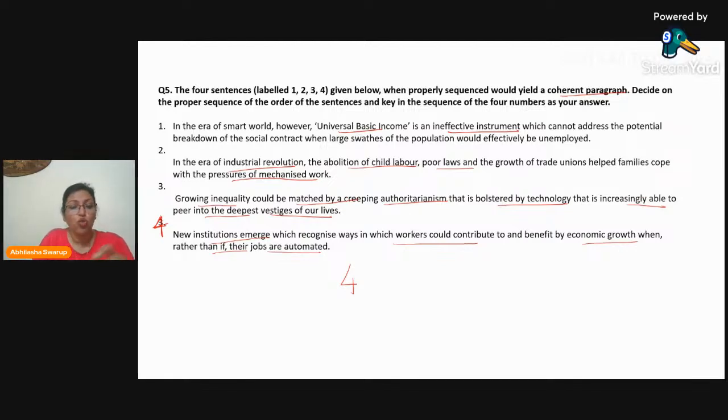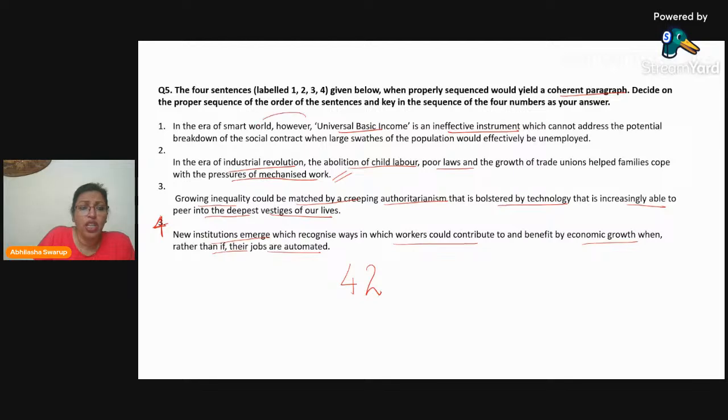Then from four, we now come to the historical context. We say in the era of the Industrial Revolution, abolition of child labor, poor laws, growth of trade unions helped the families cope with the pressures of mechanized work or with that of industrialization.